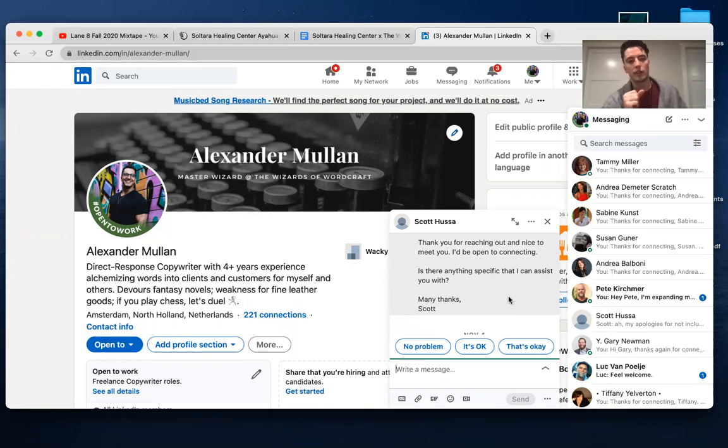So that was actually a key question and a contributing factor to the overall success of this outreach. He asked if there's anything he can help me with. And what that does is it opened the door for me to come in with my next message, and basically I went for the ask right away because of how he set me up for that.